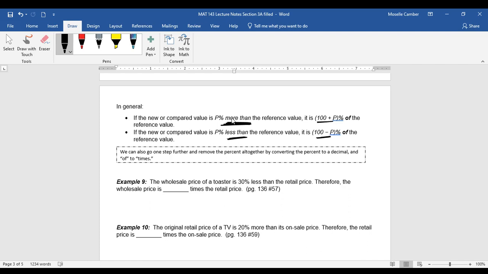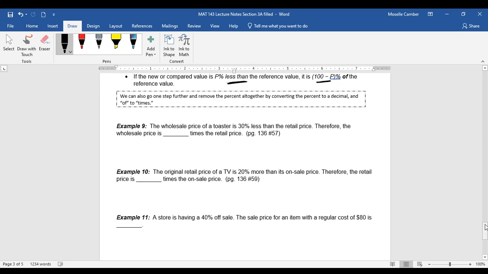Now, we can also take it one step further because we know that of in math means multiplication. We can change the percent to a decimal and then change of to times, which we'll see here in example 9. So we have the wholesale price of a toaster is 30% less than the retail price. Therefore, the wholesale price is how many times the retail price?